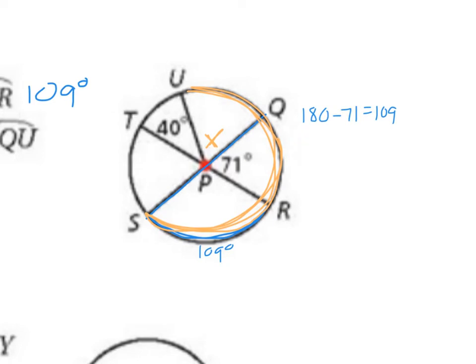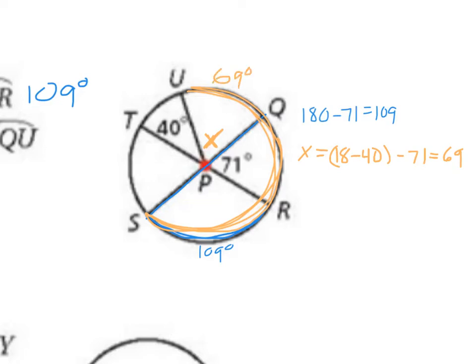So if we find out what X is here, we know that this is a straight line, so it's going to be 180 minus 40 minus 71, which leaves us with an angle of 69. So this angle here is 69, so I'll just put it up here because the arc is the same thing.